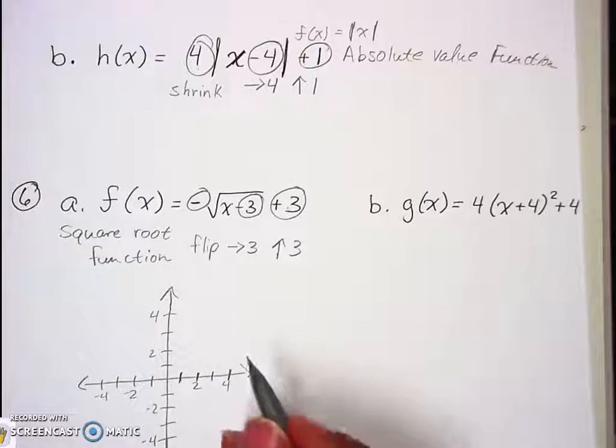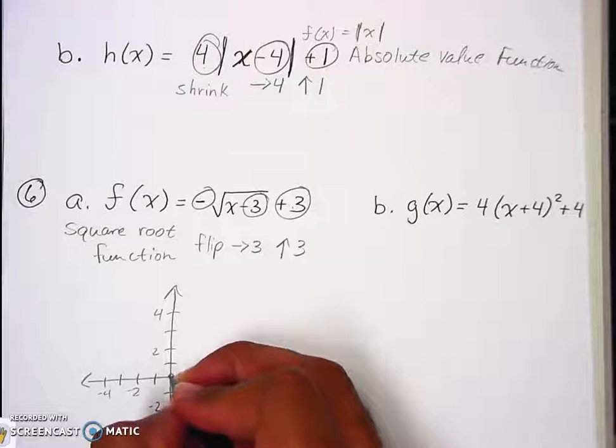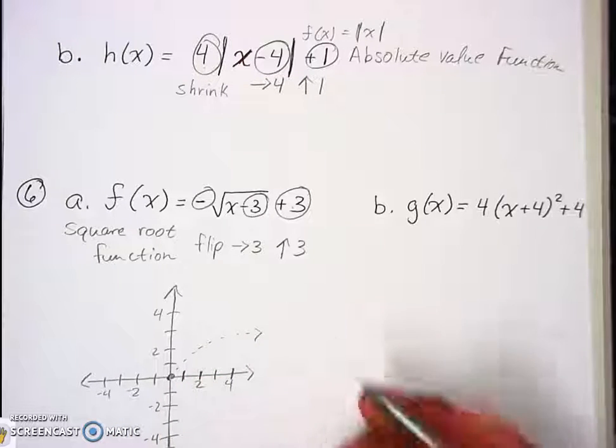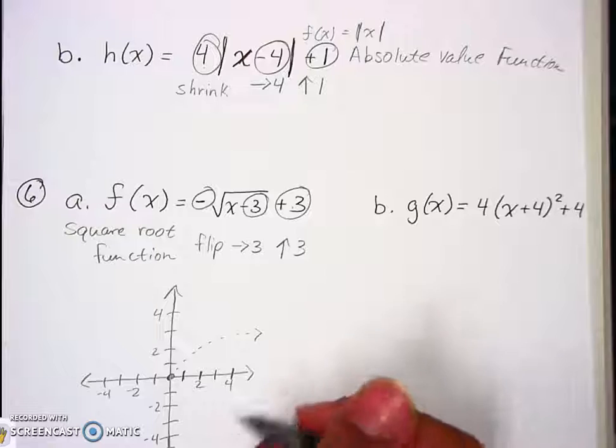So make sure you label them. All right, again, we do our parent graph first. Always graph the parent graph. The directions will actually say for you to graph that. So that means if you don't, you lose points. You lose like half the points there already, automatically.